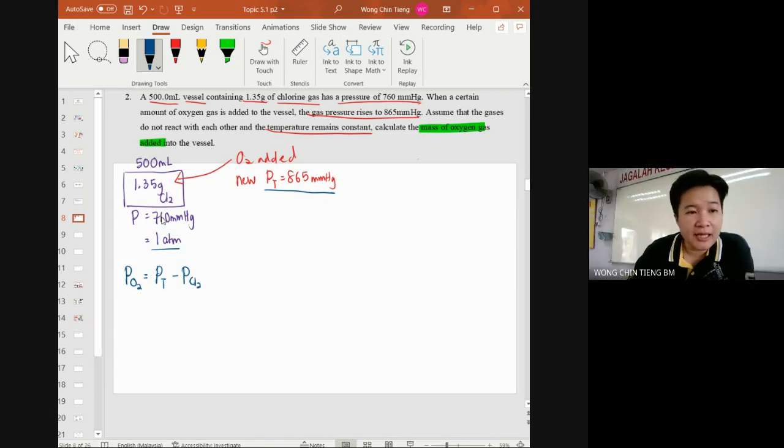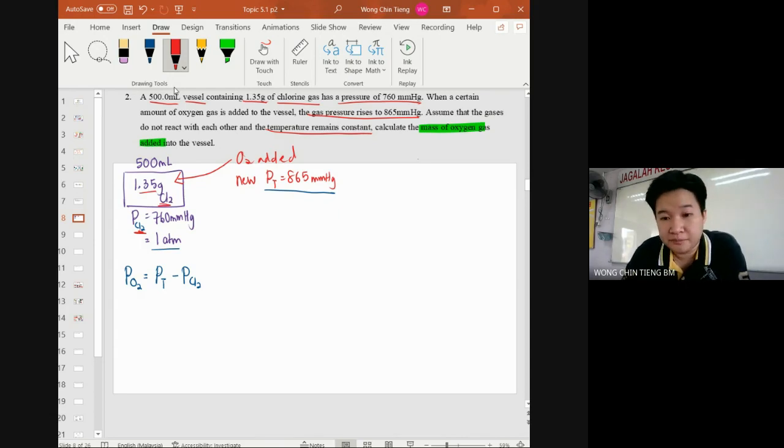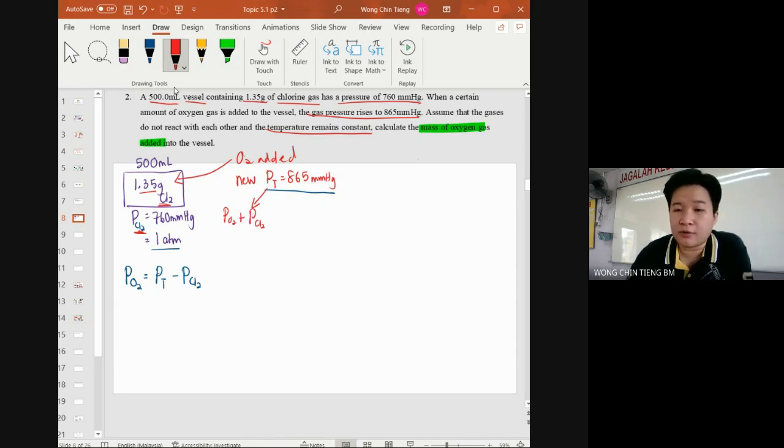So the pressure at the beginning, the 760 millimeter mercury, is actually your PCl2 because at the beginning we only have Cl2 gas. So the P total sama dengan PCl2. Tapi bila saya campur oxygen gas, the P total over here is actually your PO2 plus your PCl2. PCl2 dah ada 1 atm, 760 millimeter mercury.